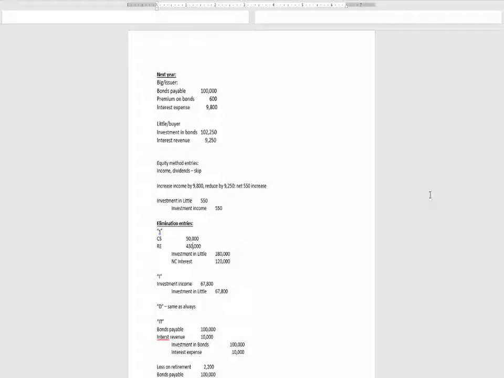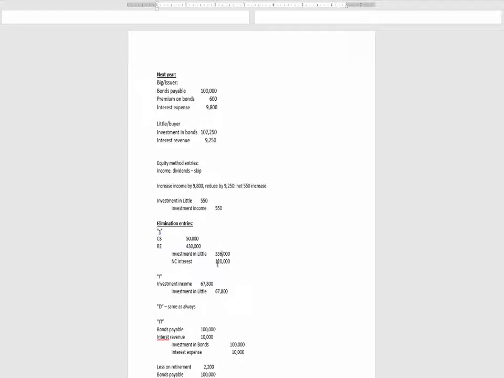So the total book value of the subsidiary on January 1st was $480,000. And that $480,000 is going to be split 70-30 between the parent and the non-controlling interest. So 70% or $336,000 is going to go to the parent.